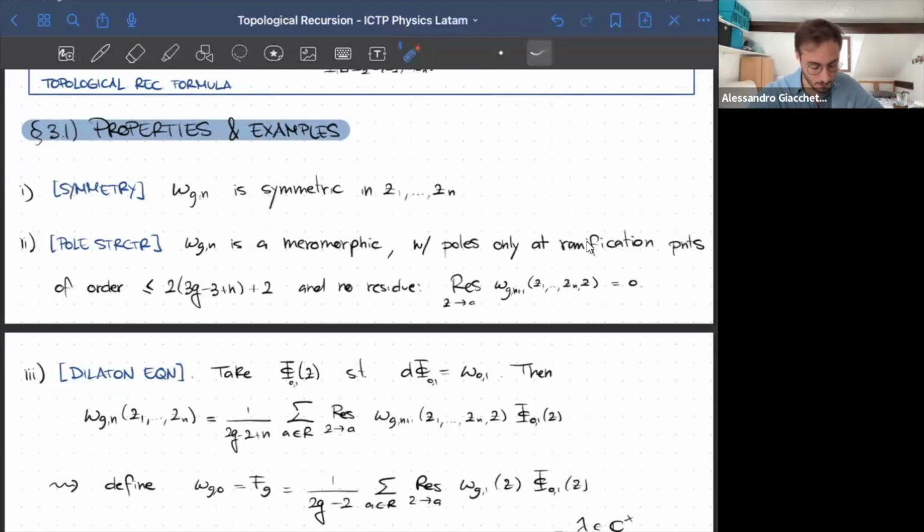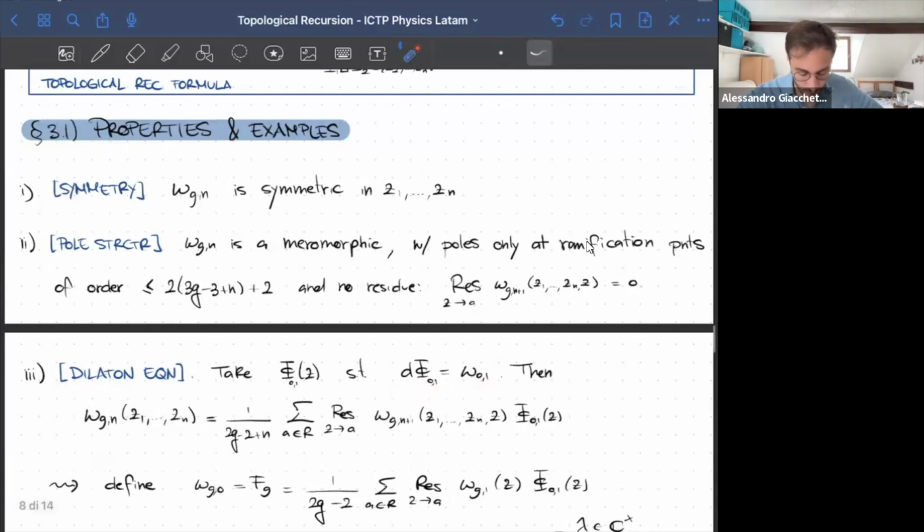It's something called the dilaton equation. And this dilaton equation says the following. If you define phi 01 to be a primitive of omega 01. So omega 01, remember, is a 1-form. You can choose a primitive.